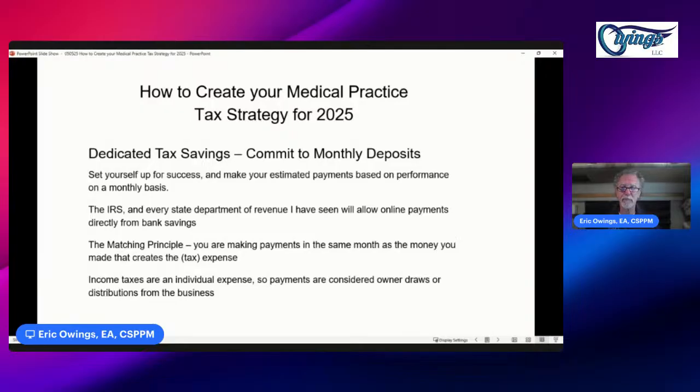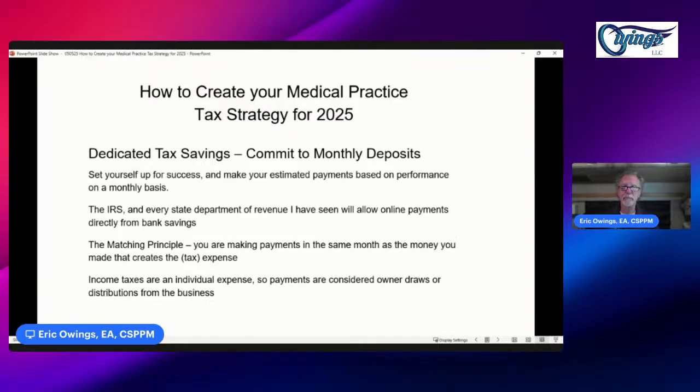But if you're making deposits into a tax savings account on a monthly basis, then the money's there when you go to actually create the payment and make the estimated payments. You adjust that slightly upward if you have to. Let's say they had a good month in May, for example, and there's a second tax deadline coming up June 15th. You may want to throw a little bit more in at the end of May when those financials come out, first week of June or so.